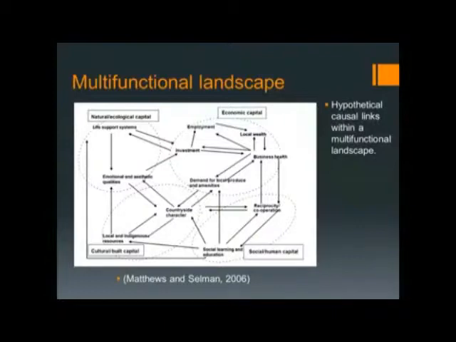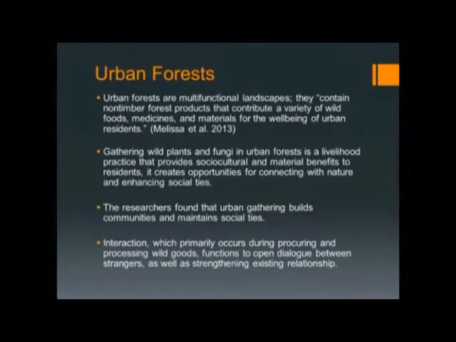So now we're going to look at an example of a multifunctional landscape, and this study was conducted in Seattle, Washington, and it's an urban forest. Urban forests are multifunctional landscapes that contain non-timber forest products that contribute to a variety of wild foods, medicines, and materials for the well-being of urban residents.